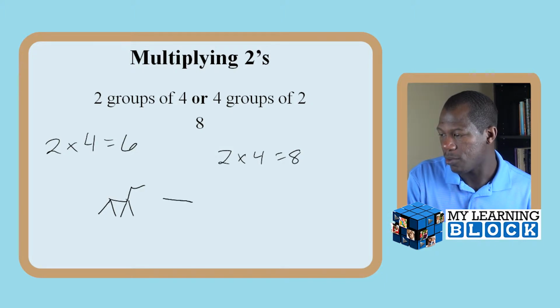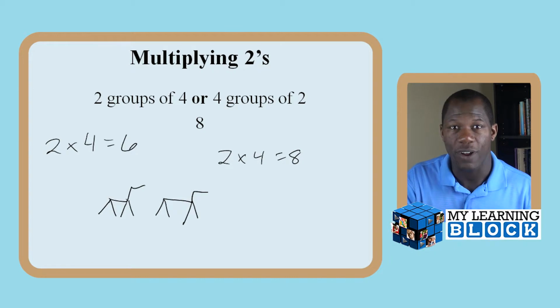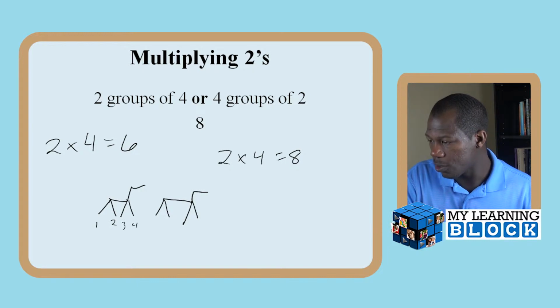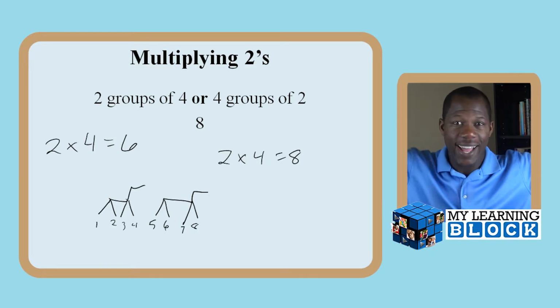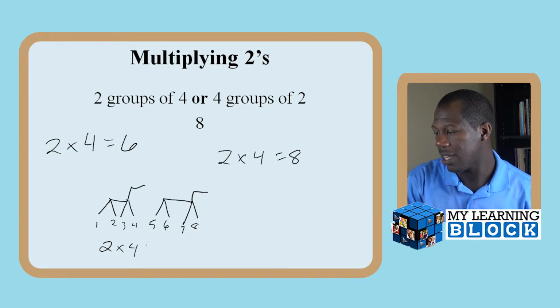That's 1 dog, and I have my 2 groups of dogs. Each dog has 4 legs, and I have 2 of them. So if you count, that's 1, 2, 3, 4, 5, 6, 7, 8. Yay! So I have my 2 groups of 4, so 2 times 4 equals 8.